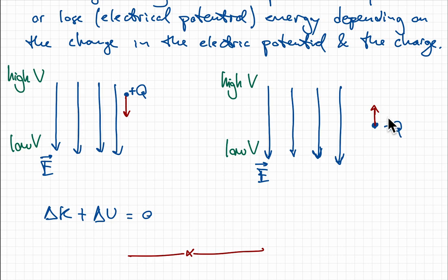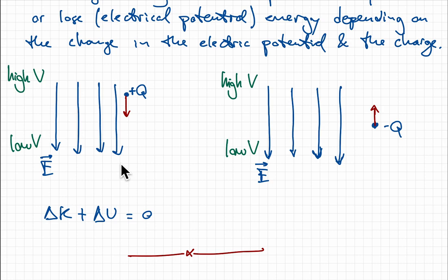The thing to keep in mind is that negative charges go from regions of low potential to regions of high potential. In other words, it's as if they fall upwards instead of falling downwards, just by virtue of having a negative sign. Another way to think about this that I like is that you may imagine that this field is generated by a positive charge far out here and a negative charge far out here.